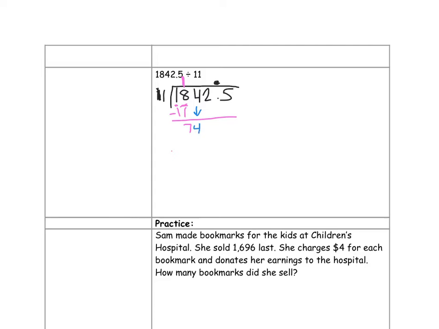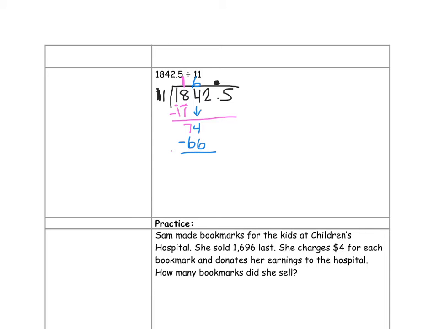So we have 74. And let's think about that. 11 times 6 is 66, and 11 times 7 is 77. So we're going to use 6, because that'll get us the closest to 74. So 11 times 6 is 66. We subtract.